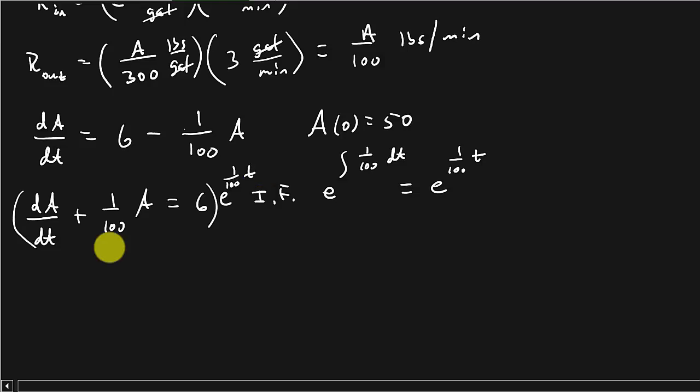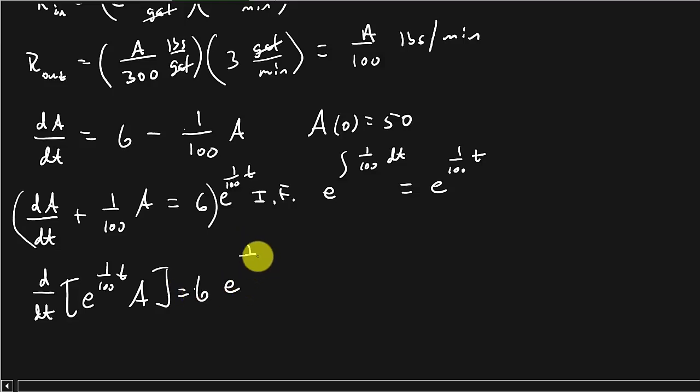Remember, the left hand side becomes the derivative of the integrating factor times A, and that equals 6 times e to the 1 over 100 t.